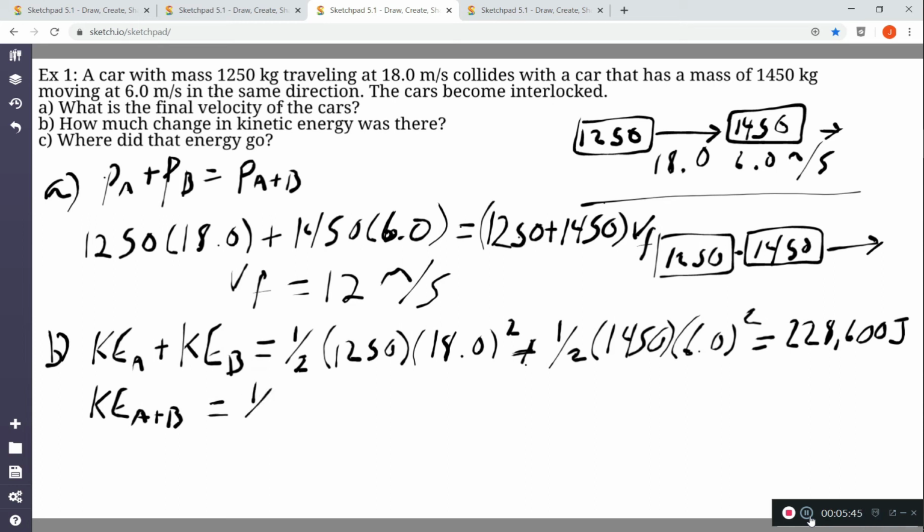Now, in this situation, our mass is going to be the sum of the two masses because they link together, and we have to use their final velocity. Again, this is a rounded value, so we actually need to go back and use the original value, which was 11.555, and so on.